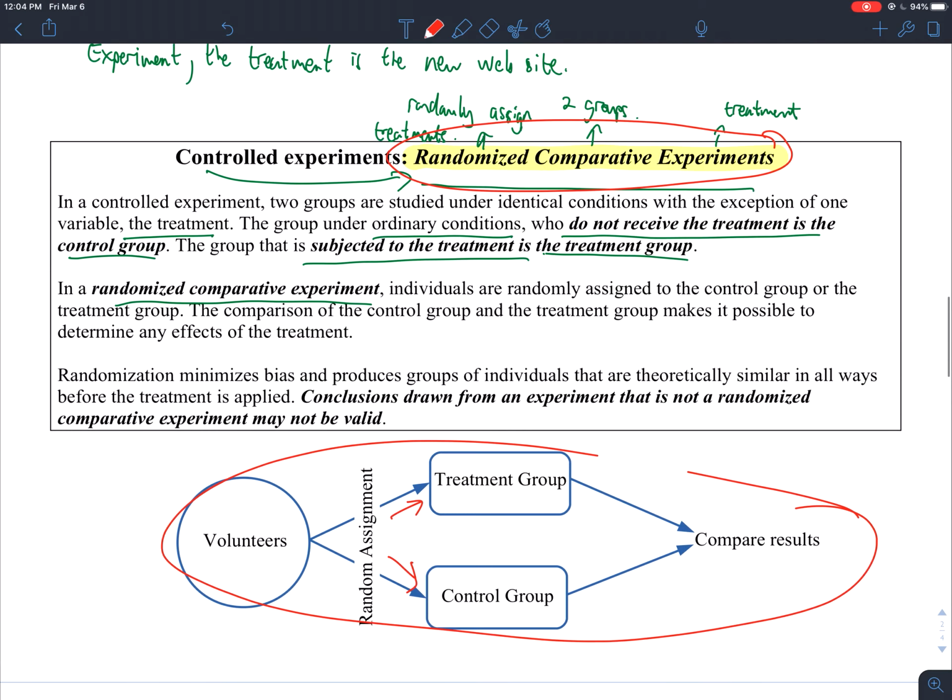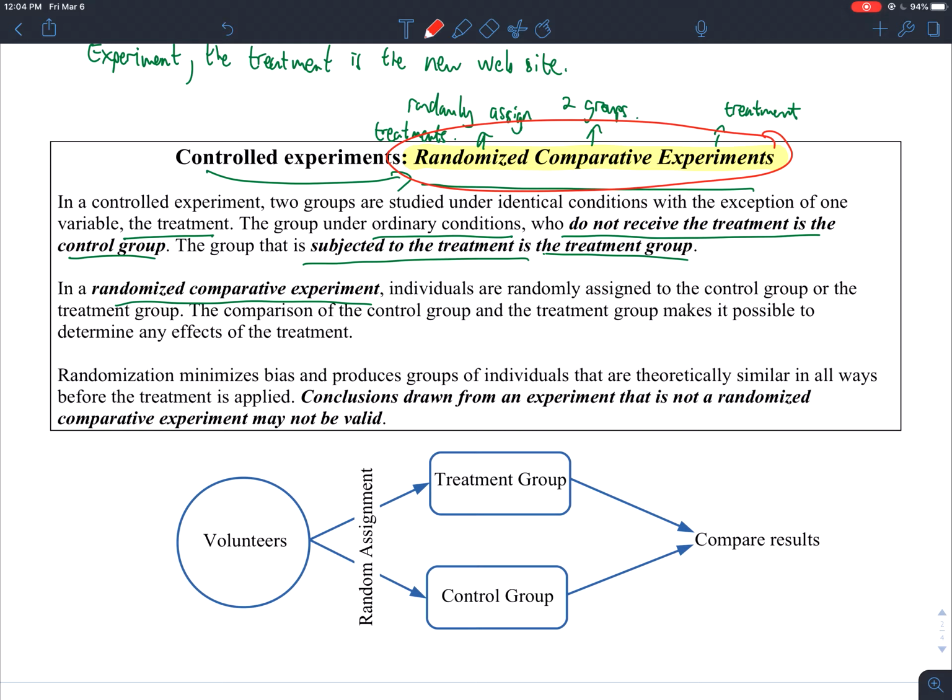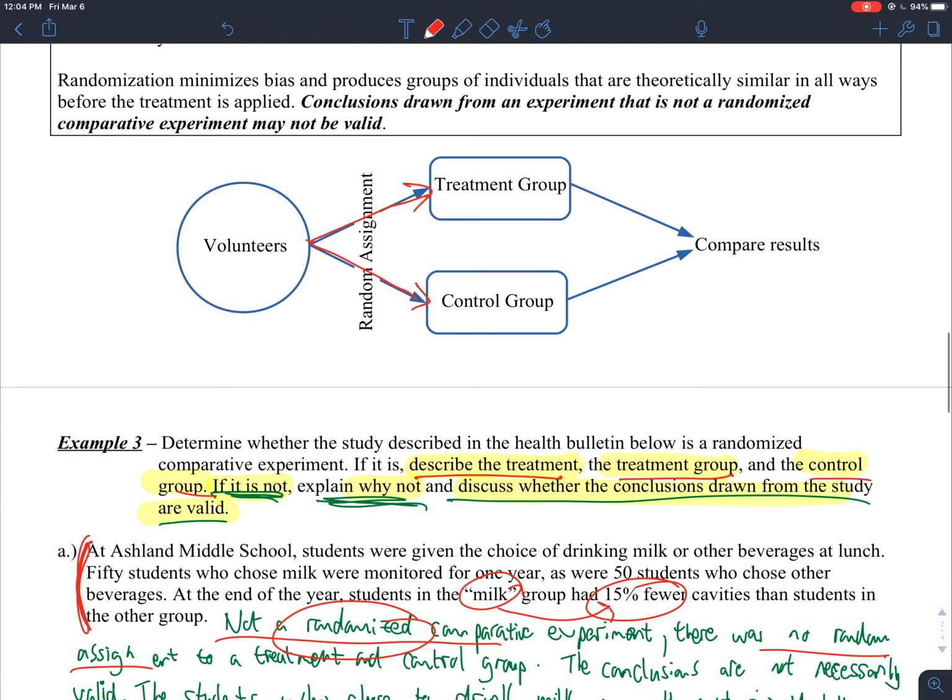Okay? When you do this part right here, when I randomly assign people to treatment and control group, what we say is that these two groups are roughly equivalent. As far as I can tell, because I randomly put people here and I randomly put people here, the groups are about the same now.